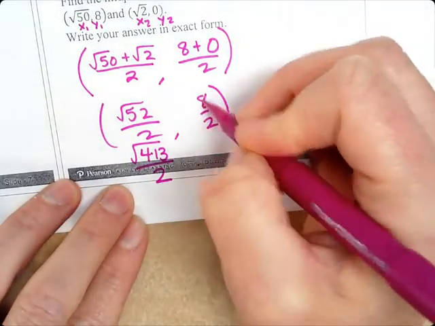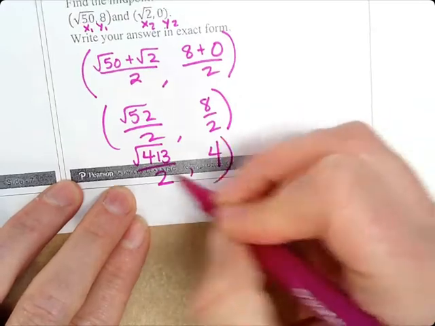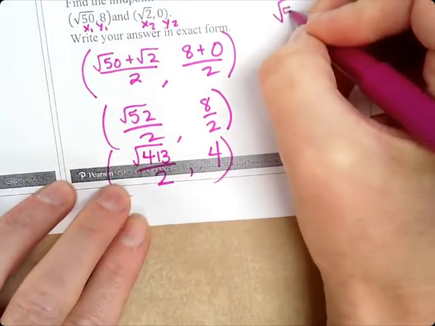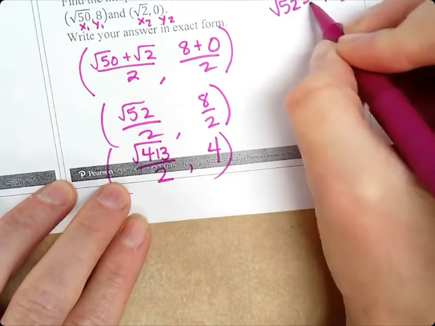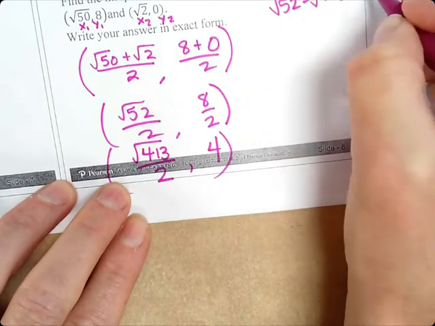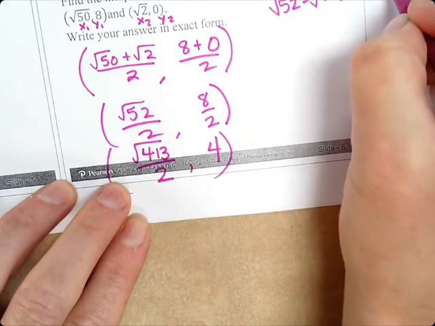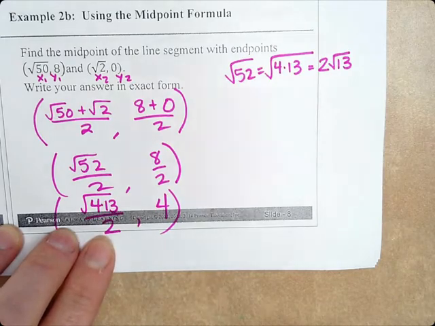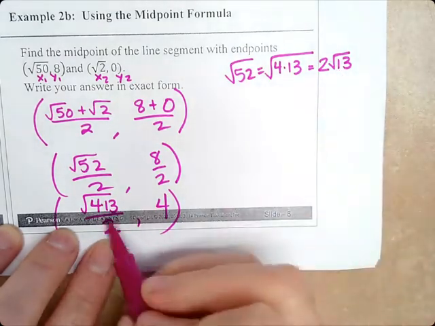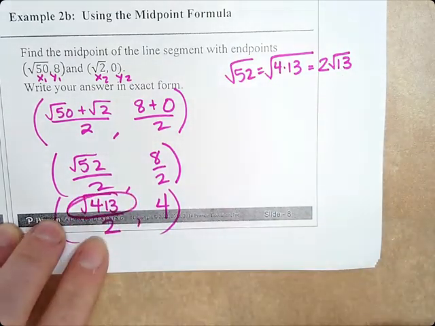And so this one, 8 divided by 2 is just 4. So I'm going to go ahead and take this radical, and that was 4 times 13, which would be 2, and then square root of 13 there. So that's what's going to go right here.